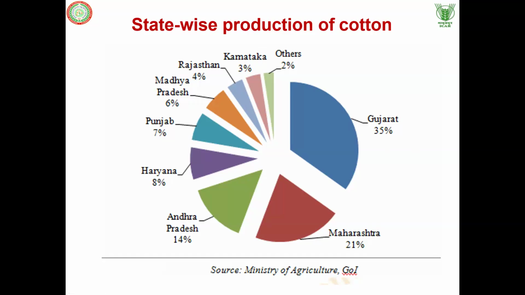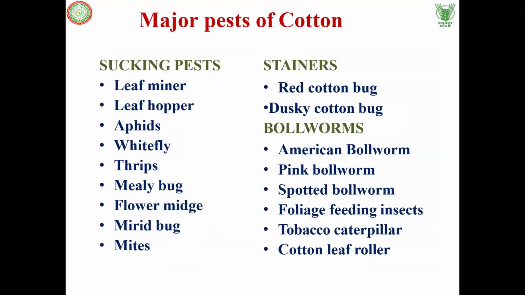Now the major insect pests, which cause enormous damage. I already said there are approximately 125 insect pests continuously damaging the cotton crop. If we categorize these insect pests into three categories, the first is sucking pests, another is stainers, and another is bollworms.